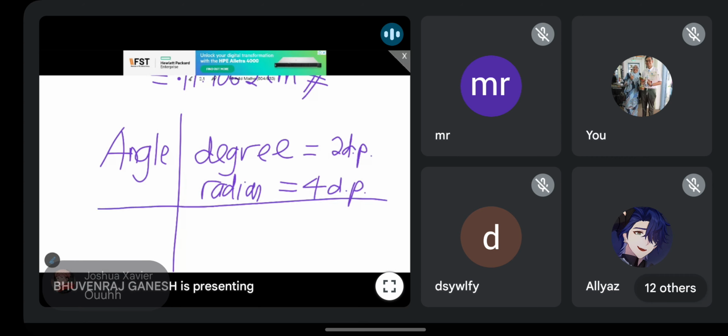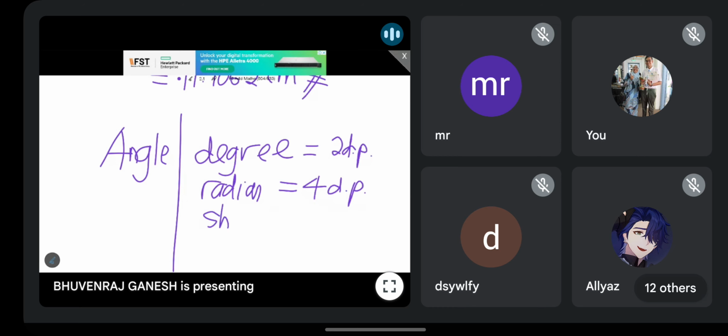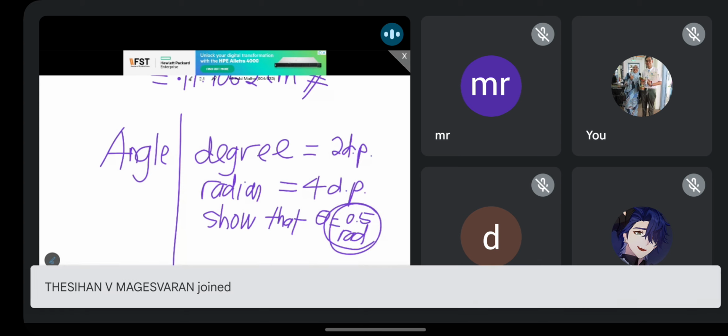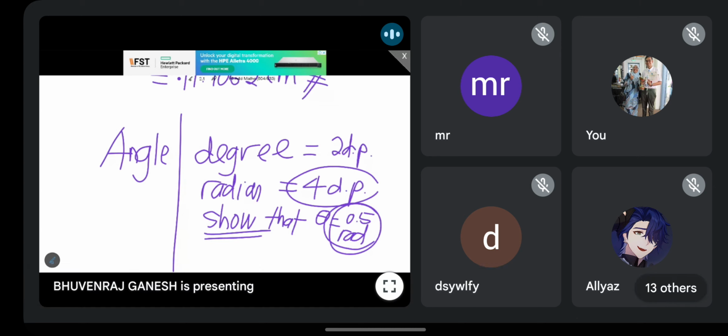1 is very weird. Unless, guys, kalau soalan tanya macam ni, show that, buktikan theta sama dengan 0.5 radian, then final answer kamu tulis yang ni. Jangan tulis yang 4 dp. When the question asks you, show, buktikan, then only you are allowed to give 1 dp, bila soalan bagi tahu 1 dp. Lain case, untuk pengiraan biasa, normal calculation 4 dp.